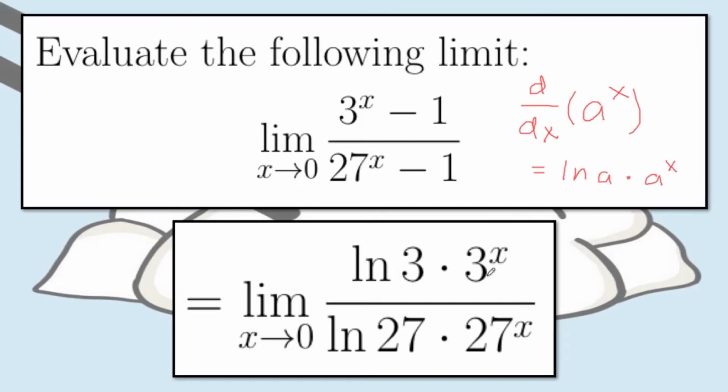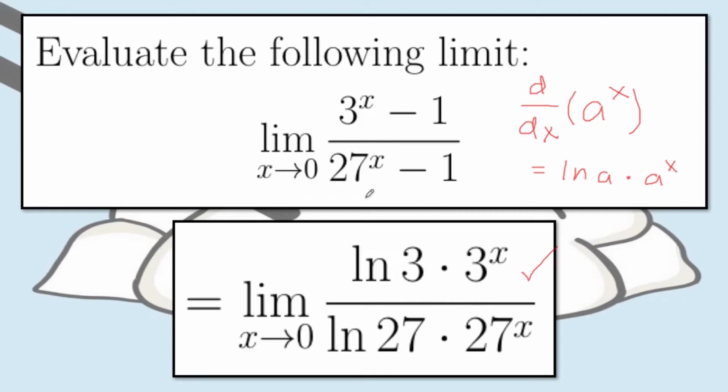Hence we have ln 3 times 3 raised to x. The minus 1 is a constant, so its derivative is just 0. So the numerator just becomes ln 3 times 3 raised to x.